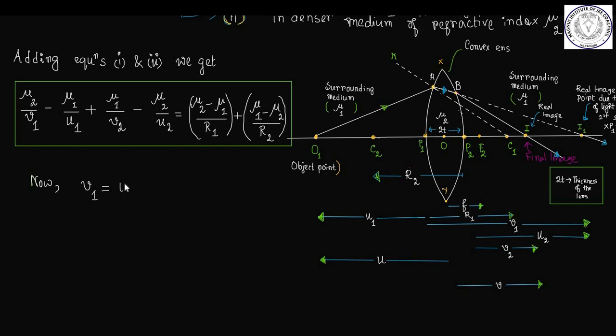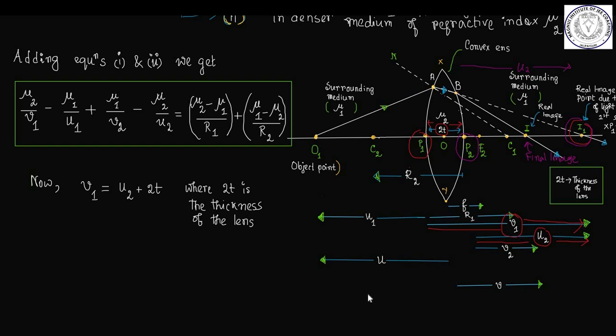Now v1 is equal to u2 plus 2t, where 2t is the thickness of the convex lens, v1 is the distance of I1 from P1, and u2 is the object distance of the virtual object I1 from the second refracting surface.